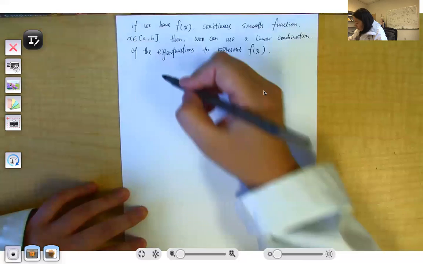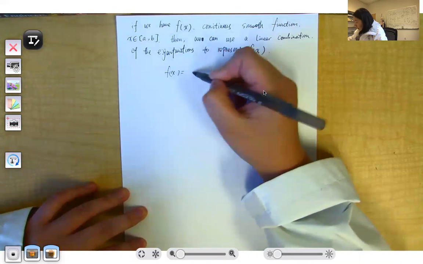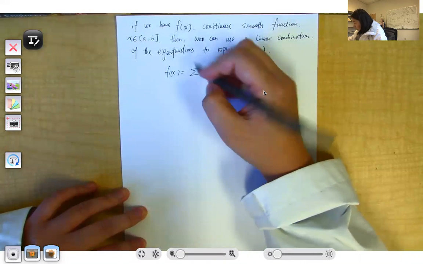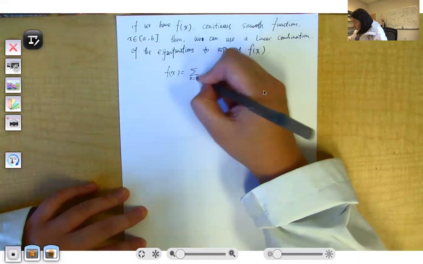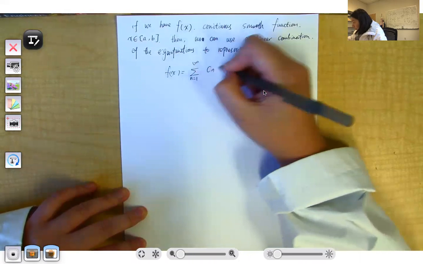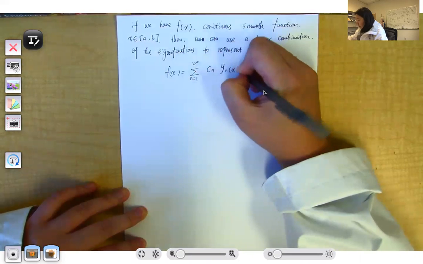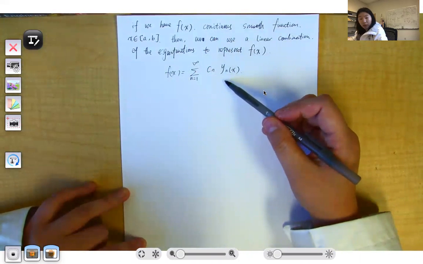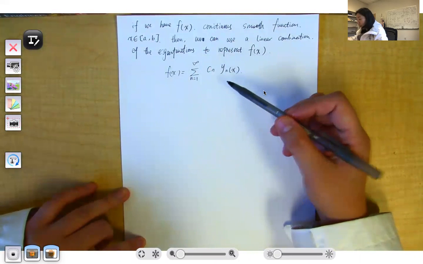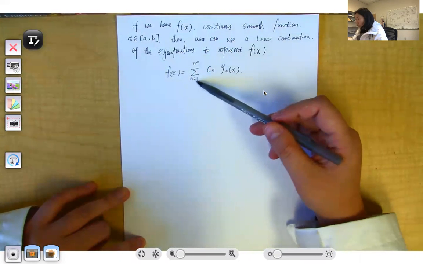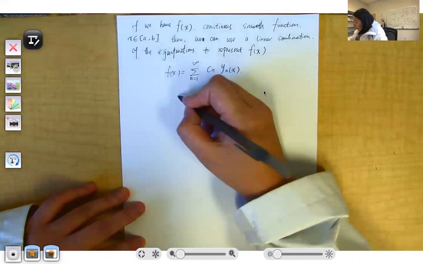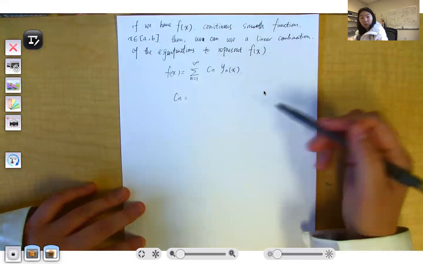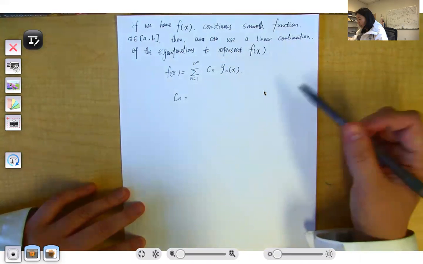For example, my f(x) will be written as a linear combination: the sum from n equals 1 to infinity of Cn yn(x), where this yn(x) is our eigenfunction associated with each eigenvalue, from 1 to infinity. The Cn is the coefficient we need to get the linear combination, right?